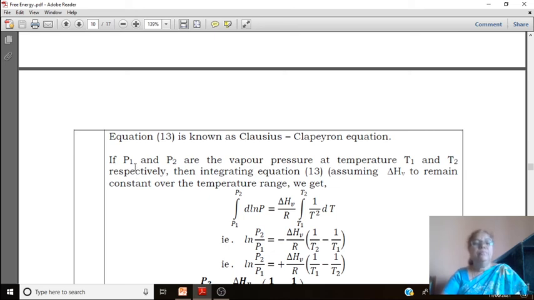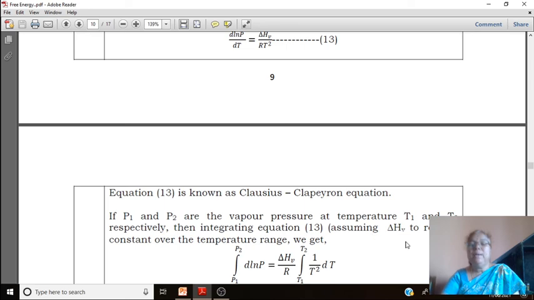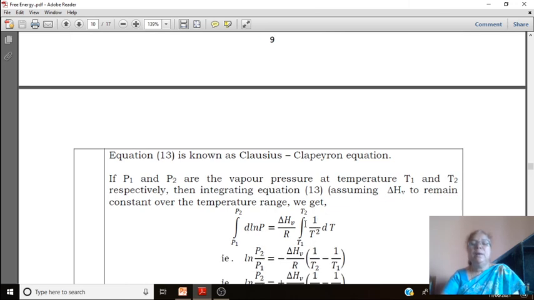If P1 and P2 are the vapor pressures at temperatures T1 and T2 respectively, then integrating this equation number 13, assuming that delta Hv remains constant over the temperature range, we get the integration of d ln P equals delta Hv by R, which is a constant, into the integration of 1 by T square dT within the limits T1 and T2, and the limits of the left side are P1 and P2.